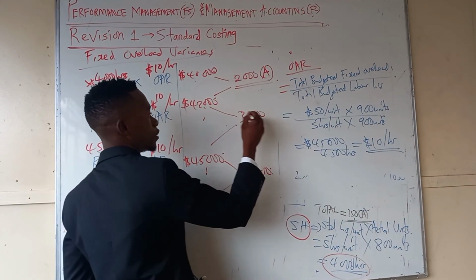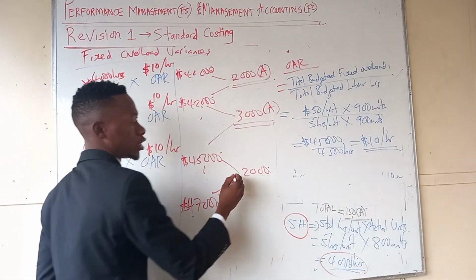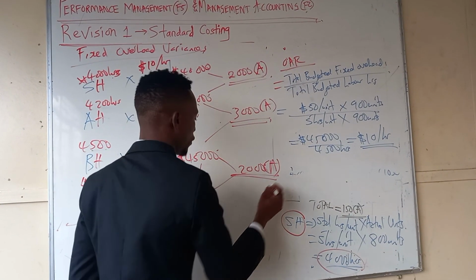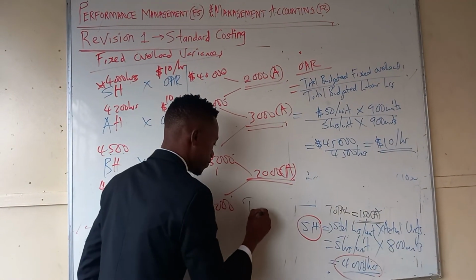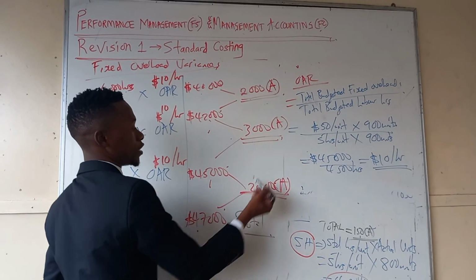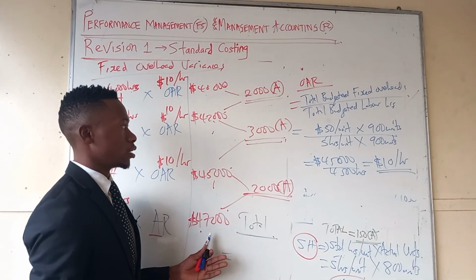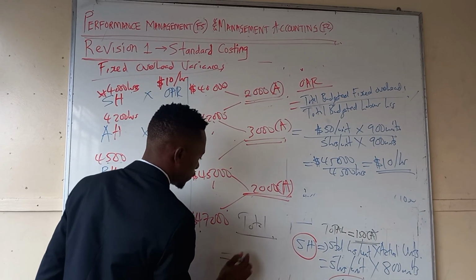Here the cost increased, meaning adverse. From here to here, the cost increased, meaning adverse. So this shows that your total variance is adverse. This is all negative. So if you sum up, you get negative 7,000.